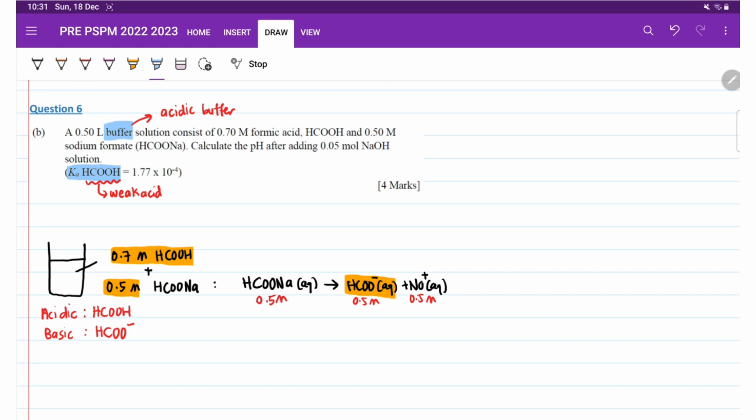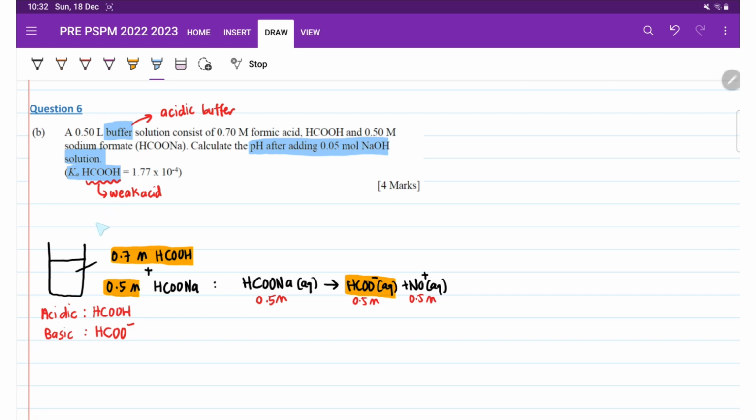Soalan kata dekat sini, calculate pH after adding 0.05 mole of sodium hydroxide solution. So, we want to find the pH of the solution.